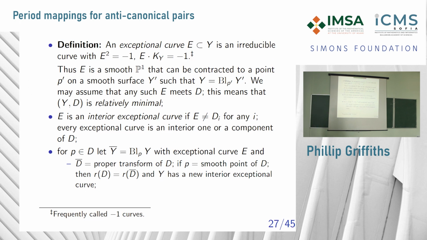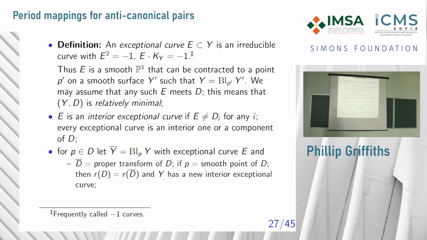So the first ones that come to mind, the ones that were mentioned earlier, are exceptional curves. These are P1s that meet the cycle D in a point and have intersection number -1 with the canonical. So they're called -1 curves. So what you get by blowing up a point.